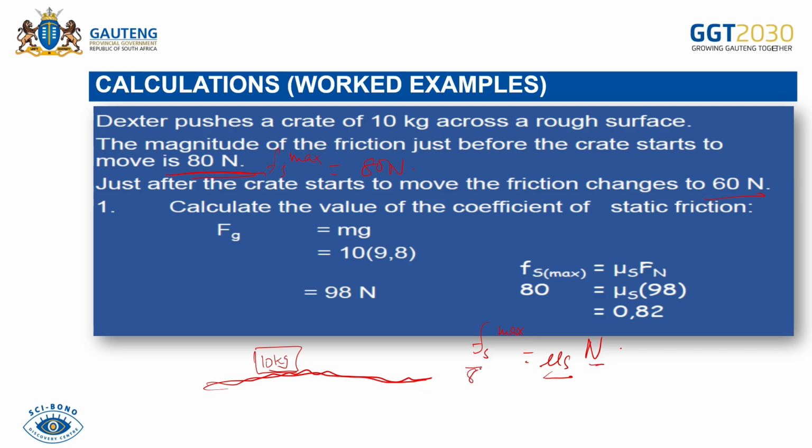Already we have Fs max, which is 80. But we can see we have 2 unknowns, while we are looking for mu s, the coefficient of static friction.